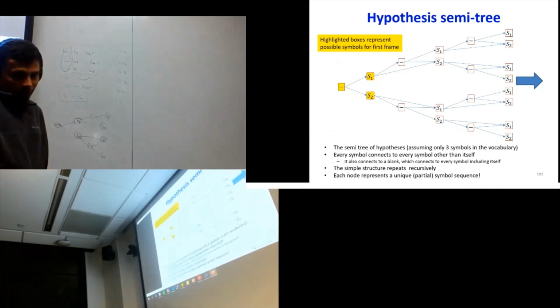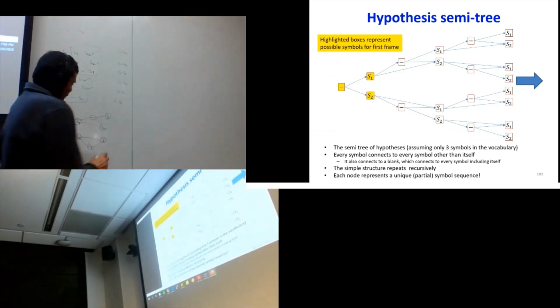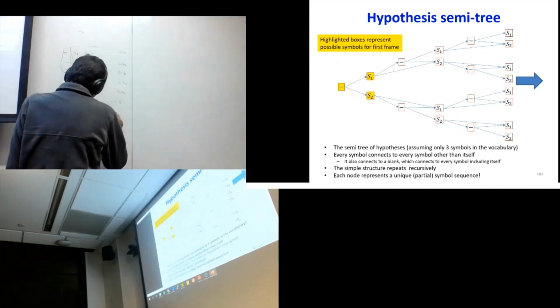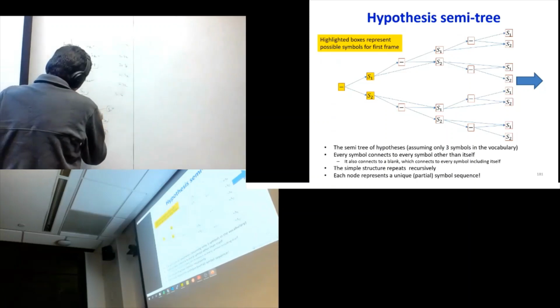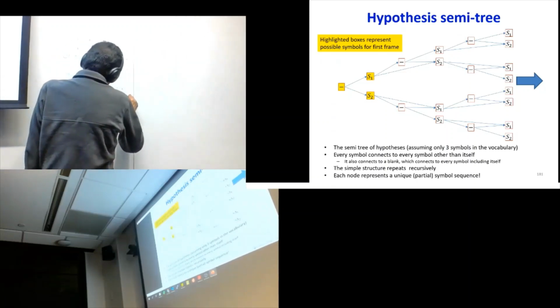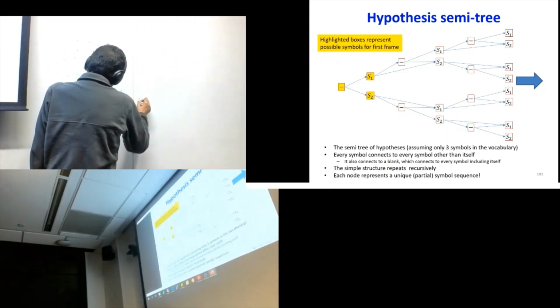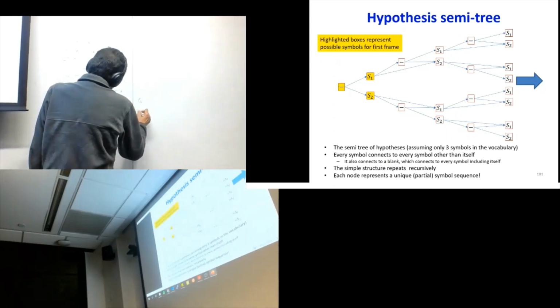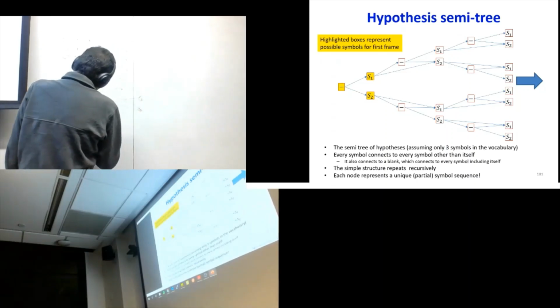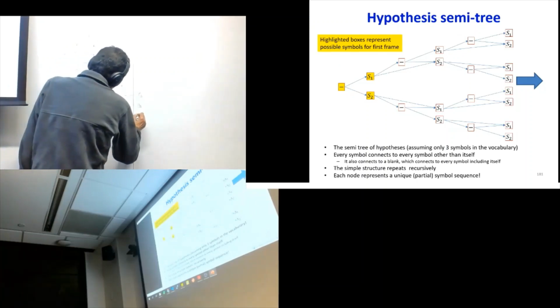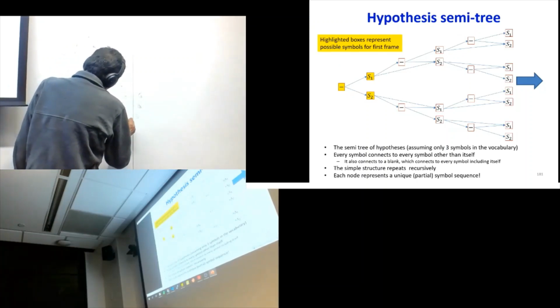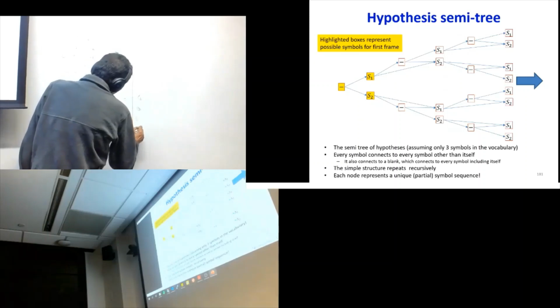Now, if I want to have a symbol sequence of length 3, then again, I'm just going to have to replicate this little structure from here. So this is going to be blank S1, blank S2, and then S2. From here, S2 can go to either S1, or it can go to a blank and then S1, or it can go to a blank and S2.